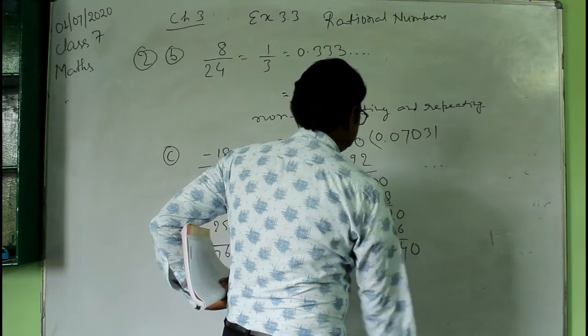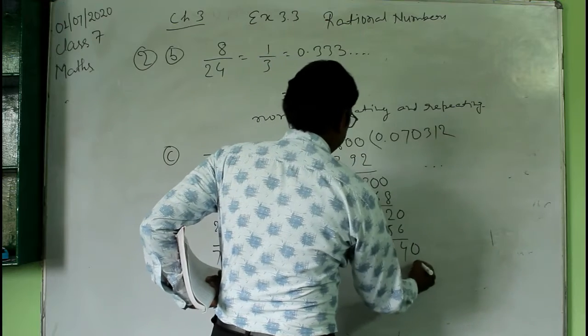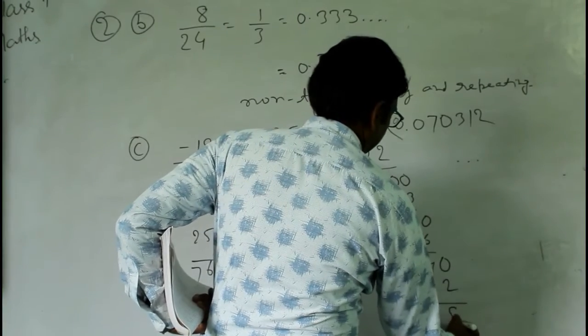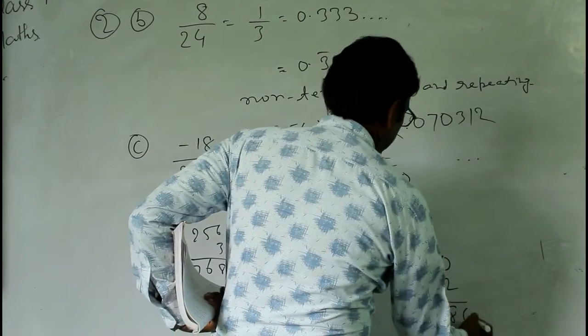Then write here 0 again. Then it will go by 2. And again put 0.